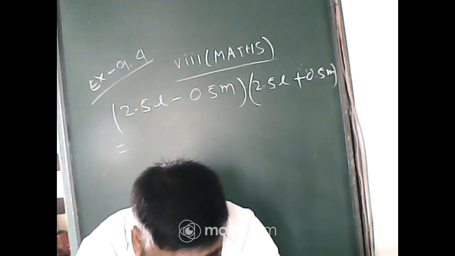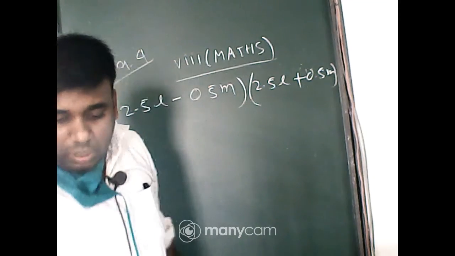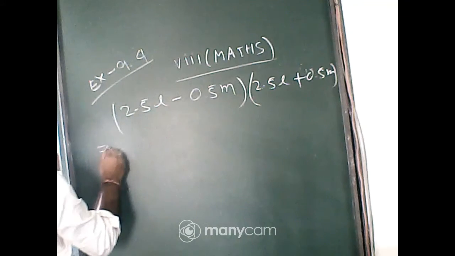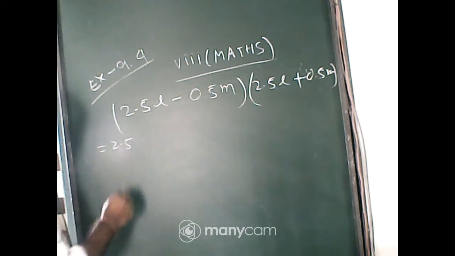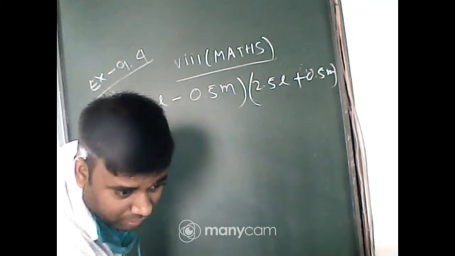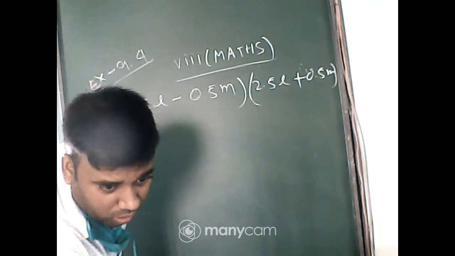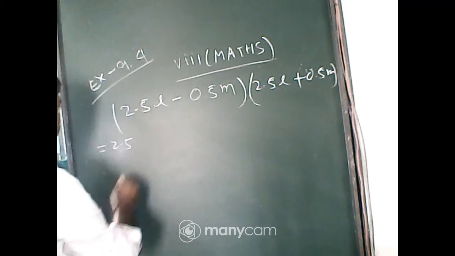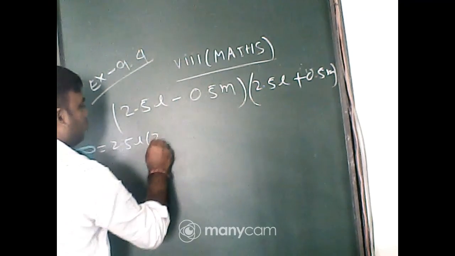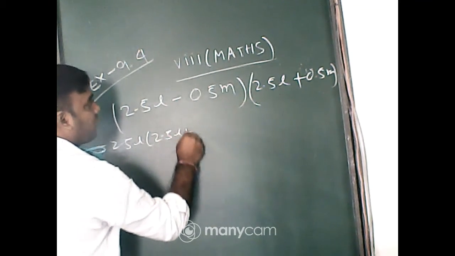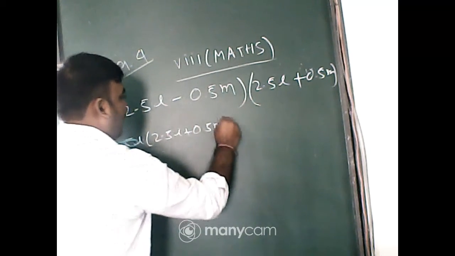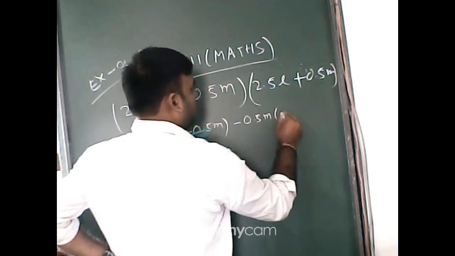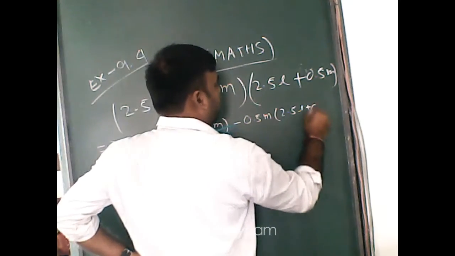Okay, now I am doing the sum. First of all, 2.5 L into 2.5 L plus 0.5 m, and minus 0.5 m into 2.5 L plus 0.5 m.